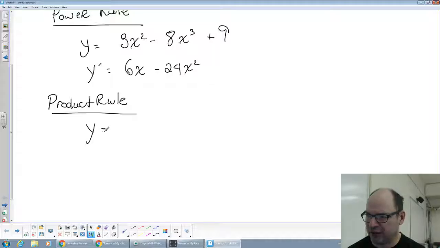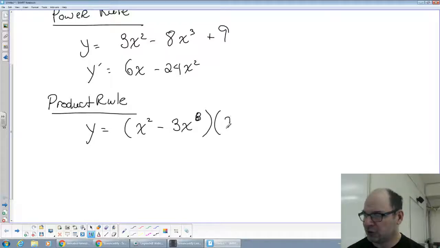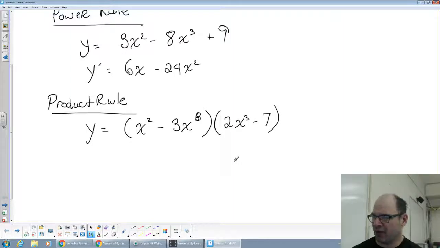So if we said y equals (x squared minus 3x) to the power of 8, times (2x cubed minus 7), we could expand that out and then do the derivative. But if we treat each of these as different products, remember they're not to any power here. If they're up to any power, then we have to use the product rule and chain rule together.